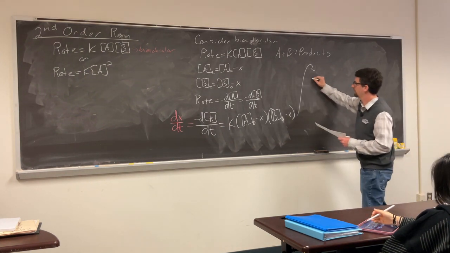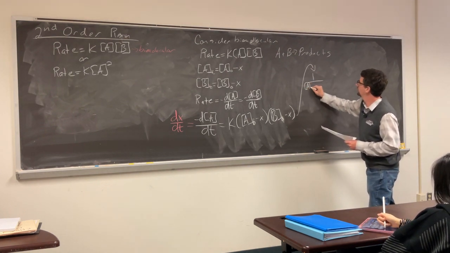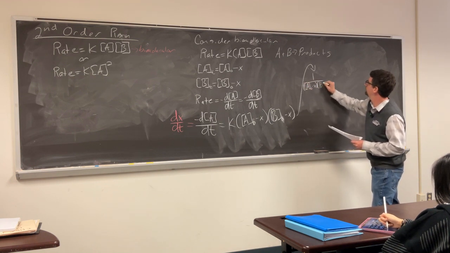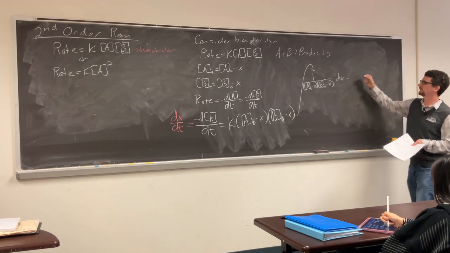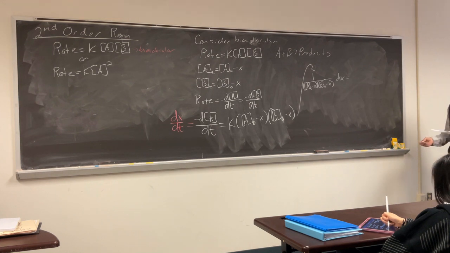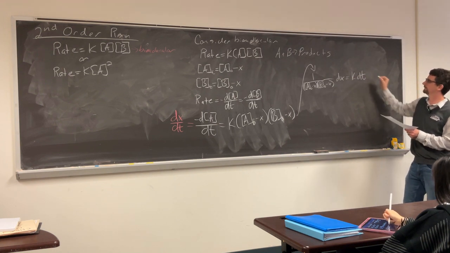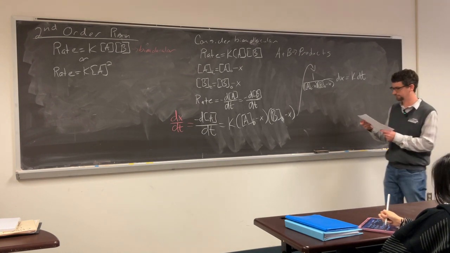Yep. So we're going to have 1 over (A naught minus x)(B naught minus x) dx. What's going to be on the other side? Yep, k dt. We're going to integrate these things.